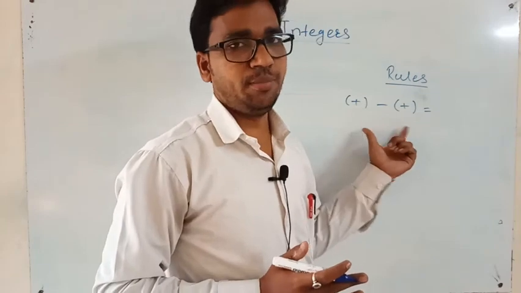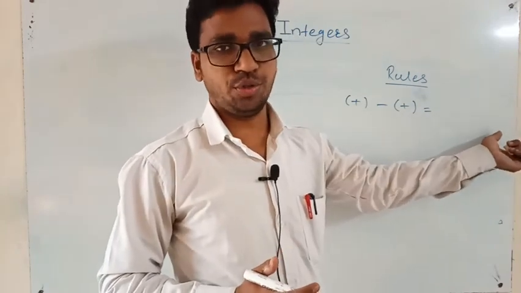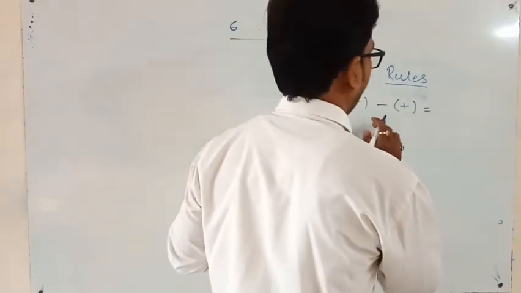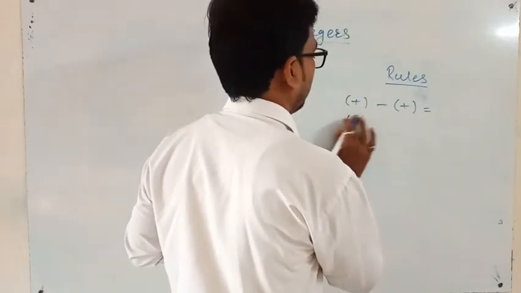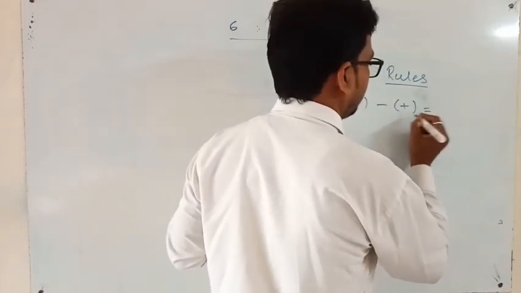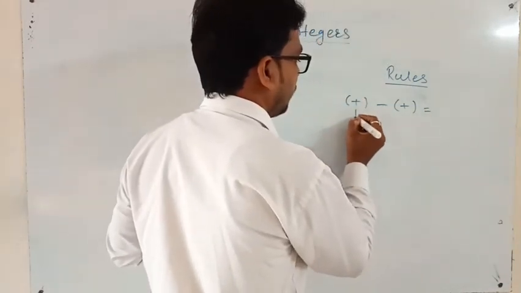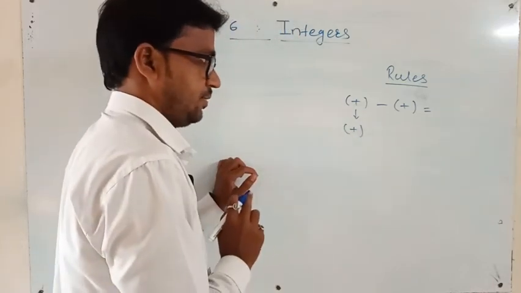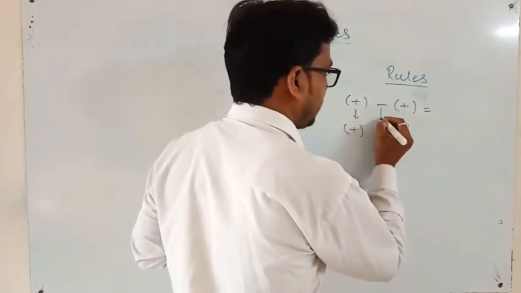In addition, if both the numbers are positive, then the sign is positive. But here, the answer will be changed. If both the numbers are positive, then what do we have to do? We have to take the first number as it is. Change the sign here.